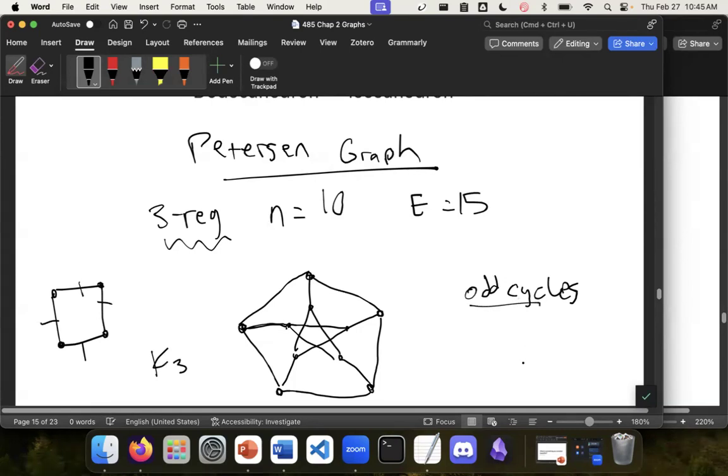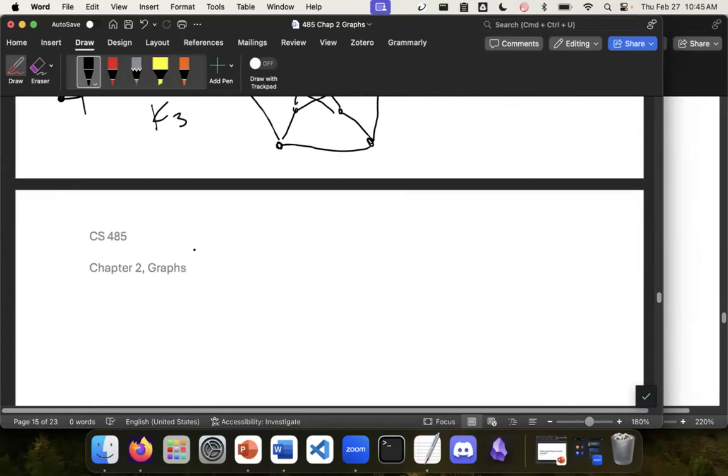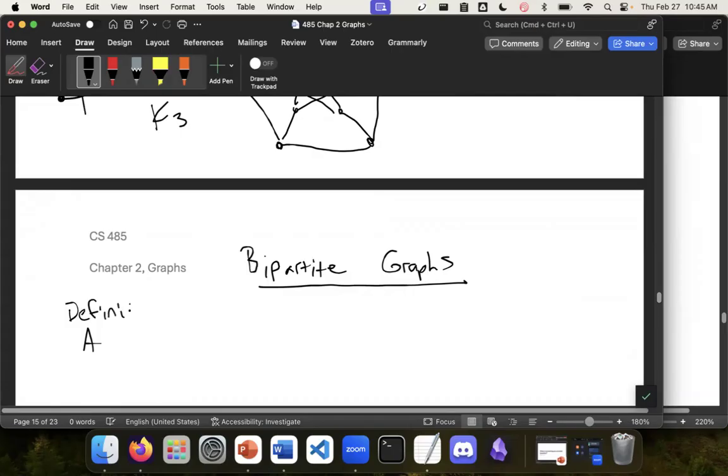And so that leads us into our next topic, which is bipartite. So this is a definition. There's probably going to be a whole chapter on bipartite.